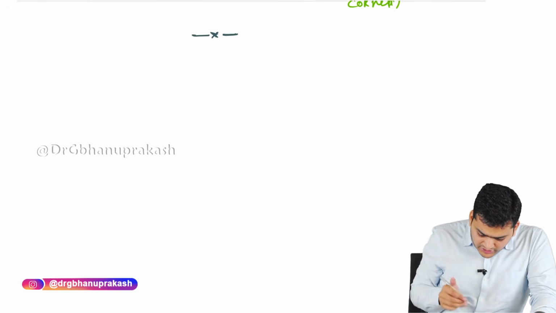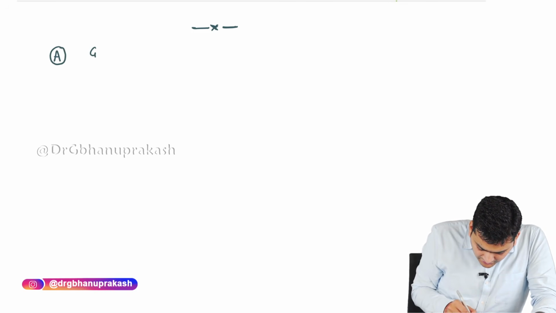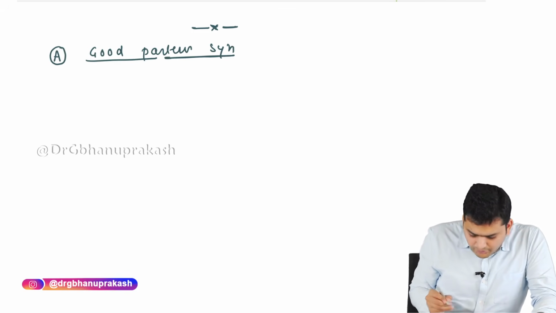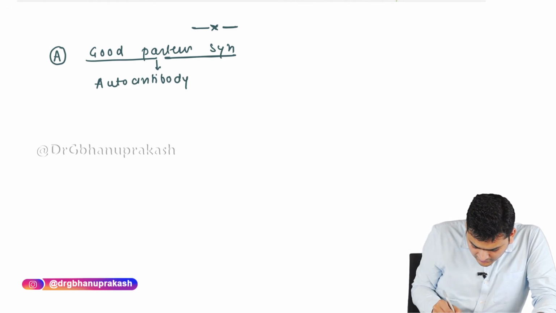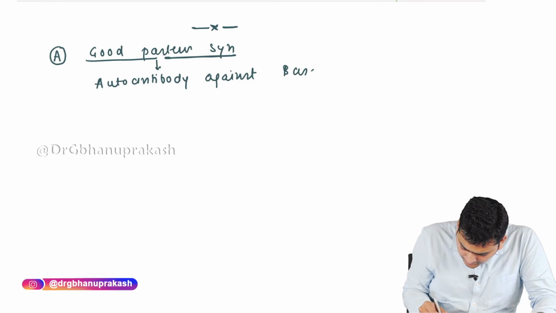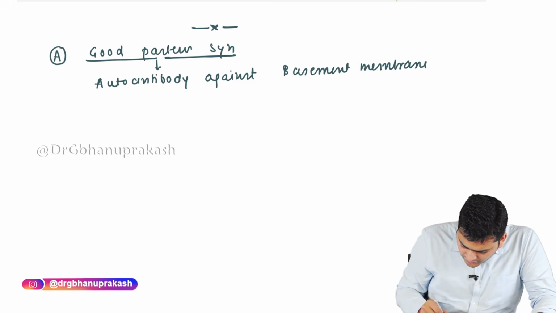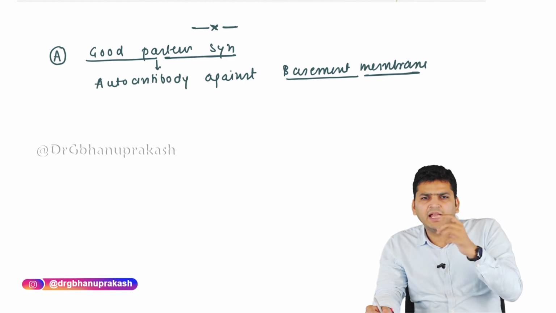The first disorder I want to discuss here is Goodpasture syndrome. Now what is Goodpasture syndrome? There are autoantibodies against the basement membrane, primarily in two places, the kidney and the lungs.